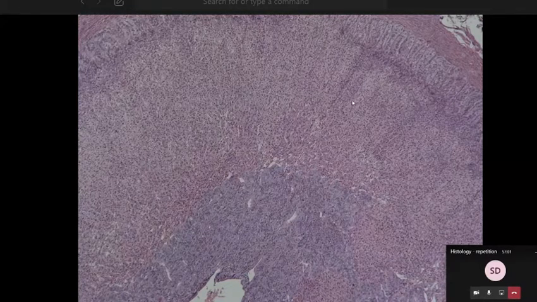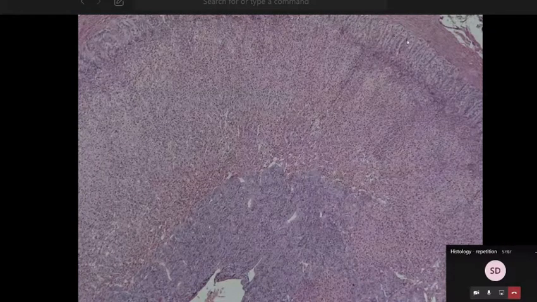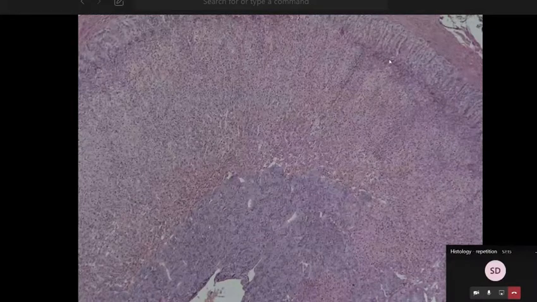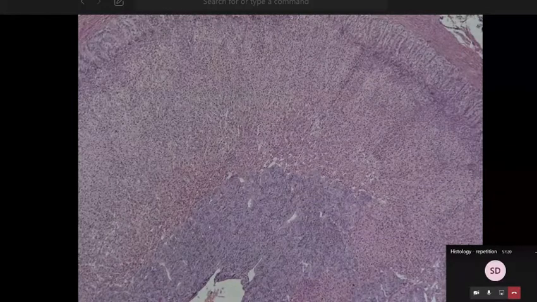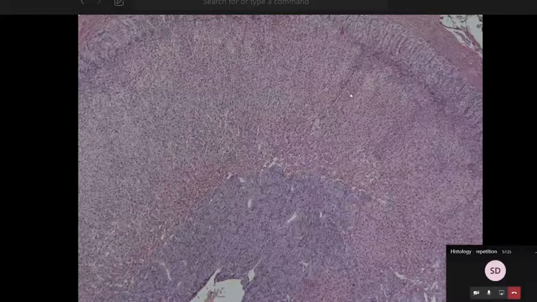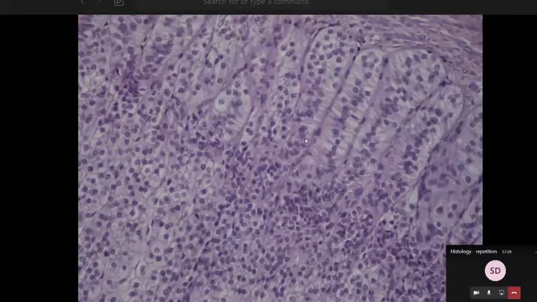But if you see the pictures clearly, you will see that between the zona fasciculata and zona glomerulosa, you will see densely packed nuclei. These nuclei belong to the stem cells. So we have 4 layers: zona glomerulosa, the stem cell zone, zona fasciculata, and zona reticularis.